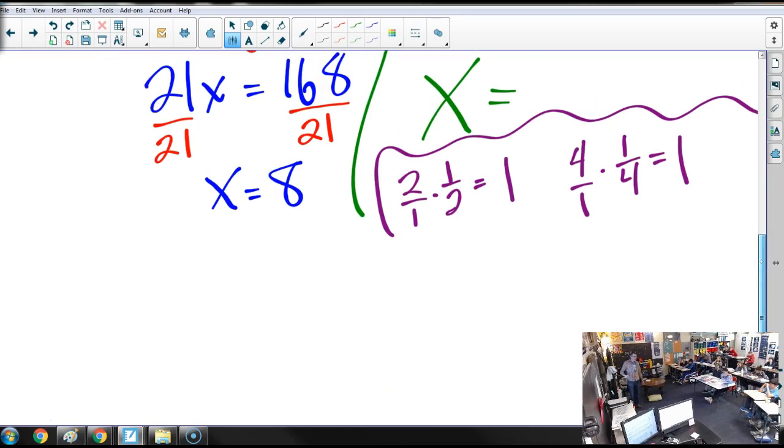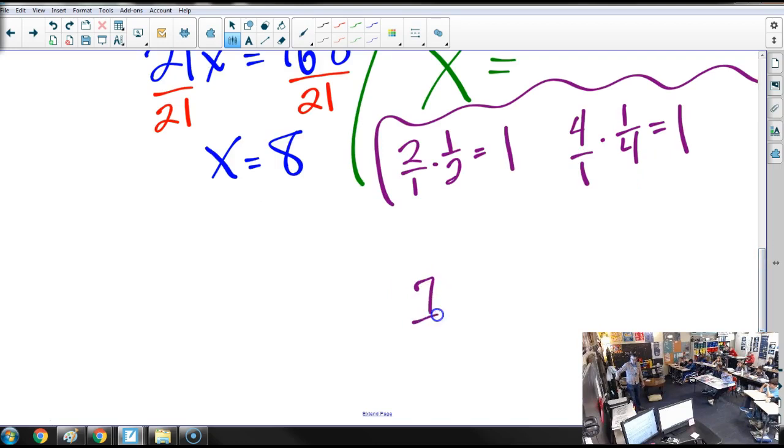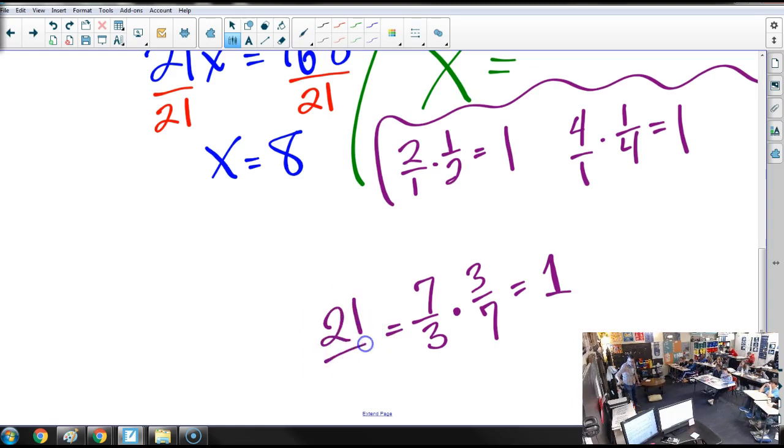So if I have 7/3 of 3/7, it's really messy if I try to think about it in decimals, don't, because there are 2 different repeating decimals happening there. But any fraction times its reciprocal is 1 because it's always going to be the same number on top as on bottom.